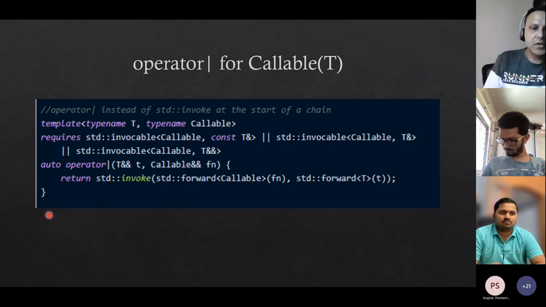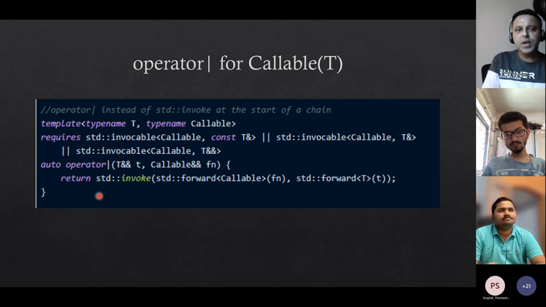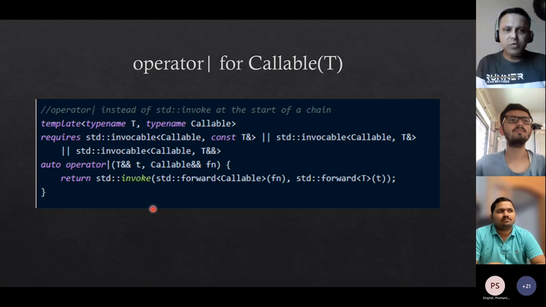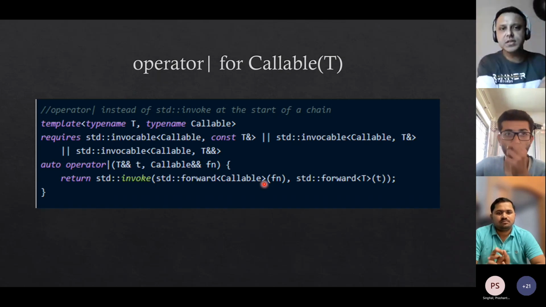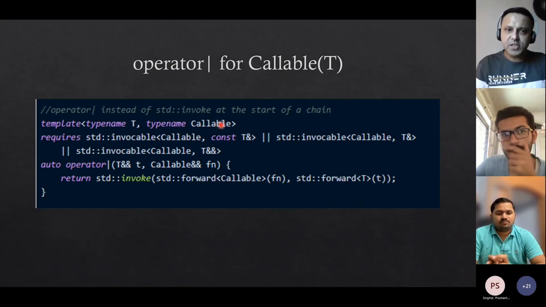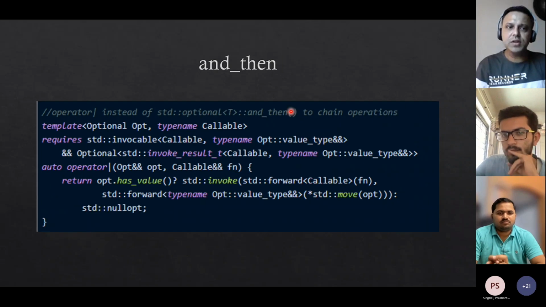Okay, so it's a concept. Invocable is a concept. Callable is invocable with T. Okay? So then you're able to invoke. So this is the same thing that we implemented in our previous slide. Just invoke the function with a T.